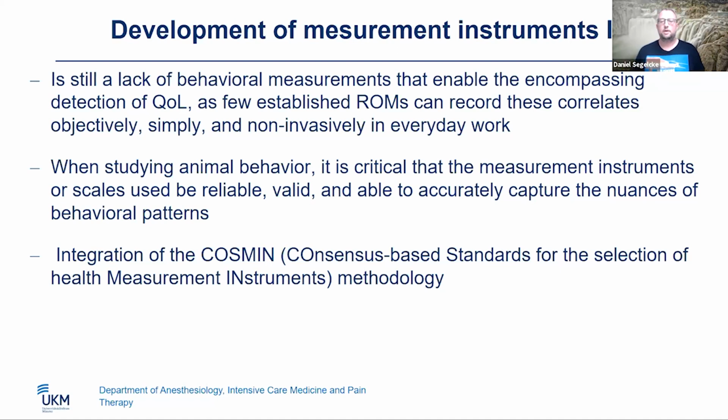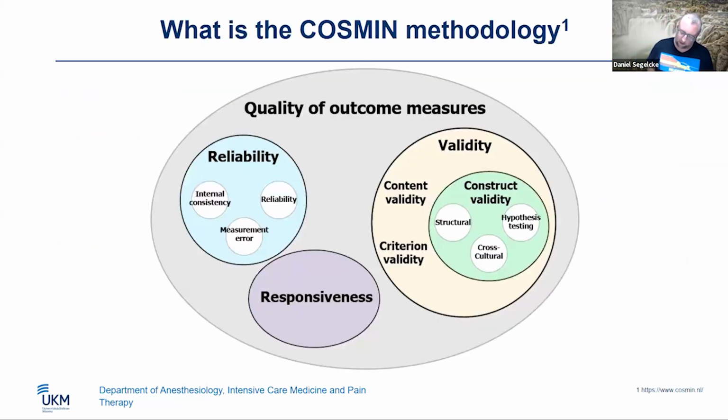One methodology is the COSMIN methodology. COSMIN is an acronym for Consensus-based Standards for the selection of health Measurement Instruments. COSMIN was developed for human health outcome measures. The fundamental premise revolves around ensuring the reliability and validity of measurement instruments in the context of patient-reported outcomes, ObsROs, and ClinROs.